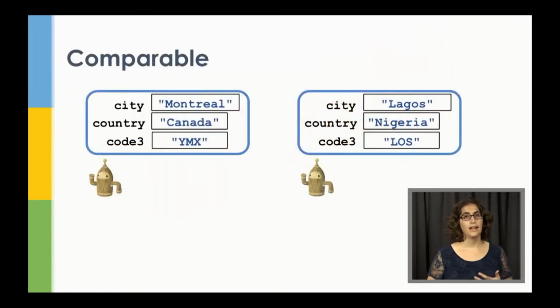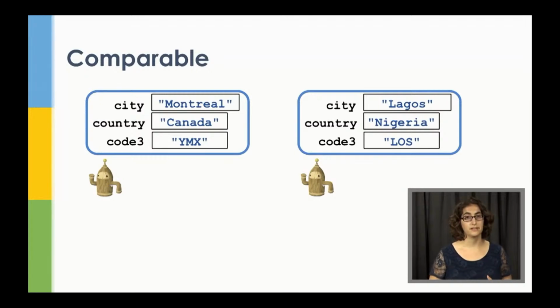We don't know how to compare two airports. So this is where the Comparable interface comes in. And the Comparable interface says, I will be able to give you access to merge sort and all of these other built-in functionalities like sorting in Java if you only tell me how to compare two object instances of your class.